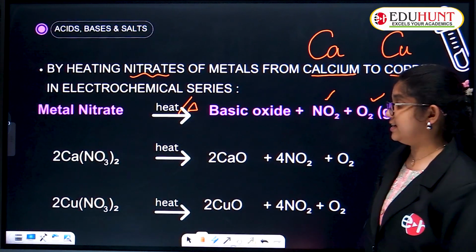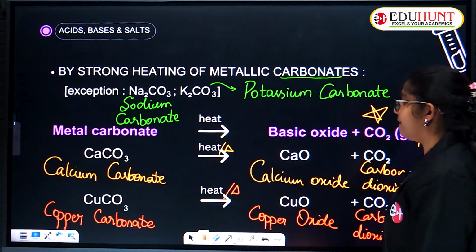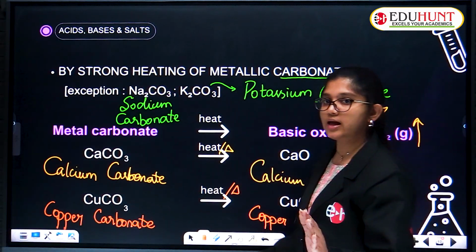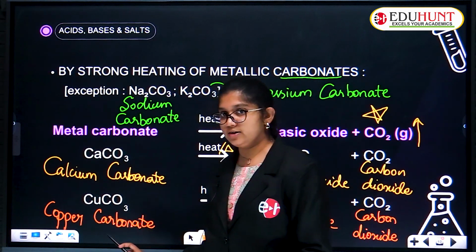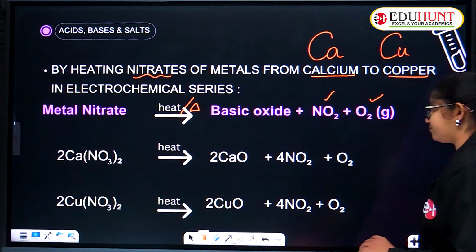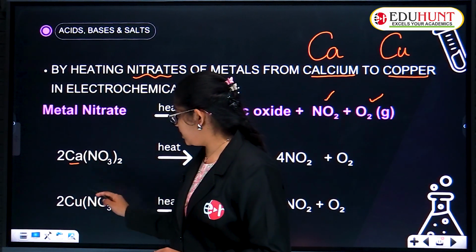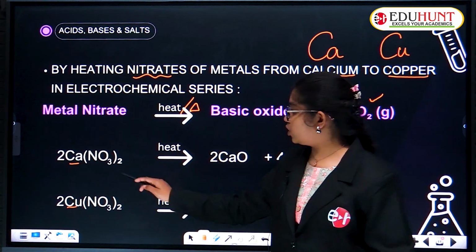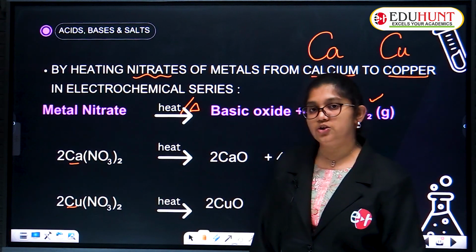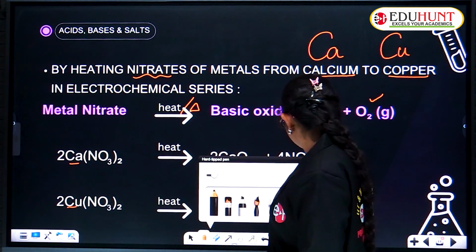Okay, children? So, in the previous example we took the same calcium and copper, calcium carbonate and copper carbonate. Now if you observe, here also calcium, here also copper, but in the place of carbonate we have nitrate. So we'll write the names now.